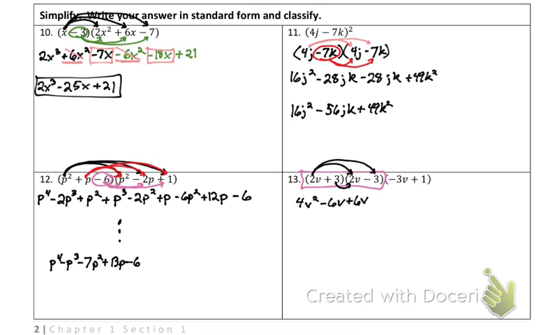And then finally I have 3 times a negative 3, which gives me a negative 9. Would that be difference of squares? Those would be a difference of squares, because these cancel out, and suddenly I have 2v squared, which is 4v squared, minus 3 squared, which is 9.